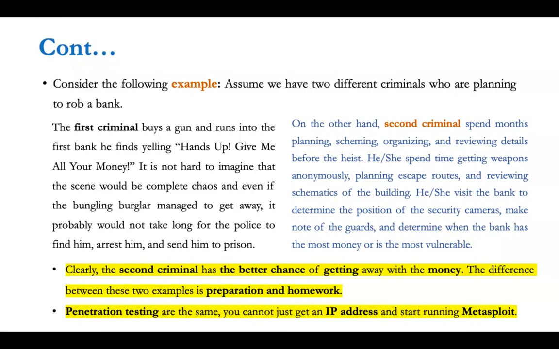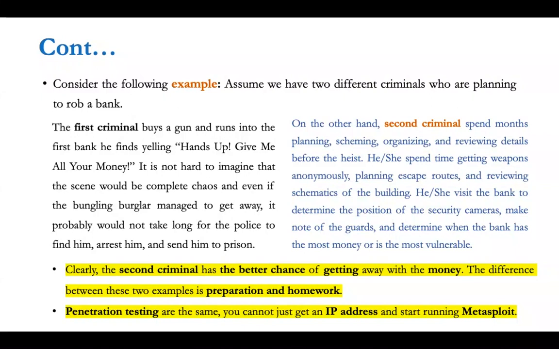It is not hard to imagine that the scene would be complete chaos, and even if the bungler managed to get away, it probably would not take long for the police to find him, arrest him, and send him to prison.